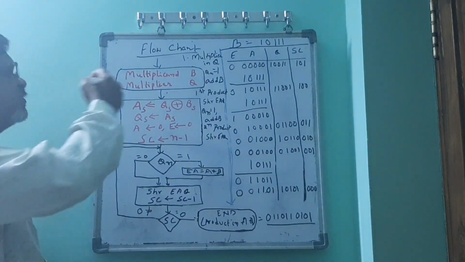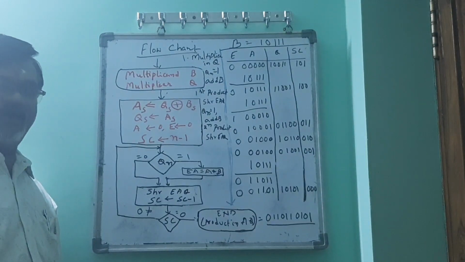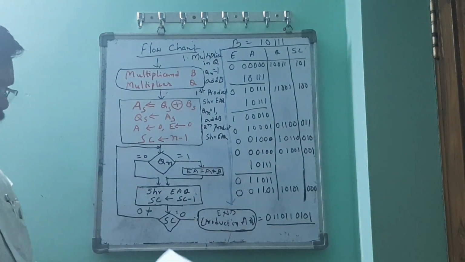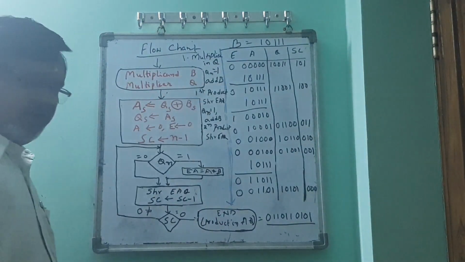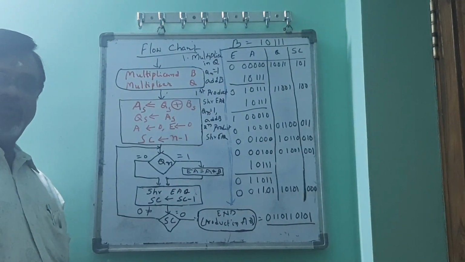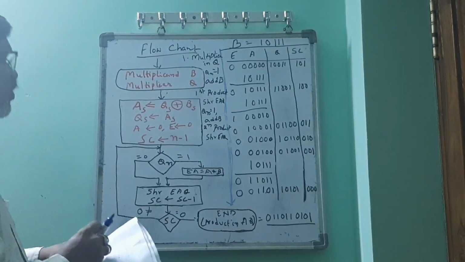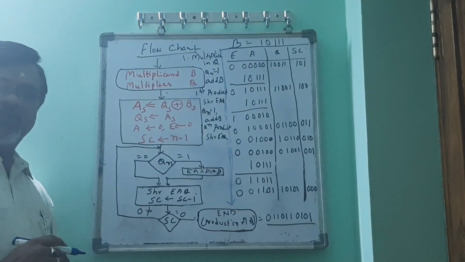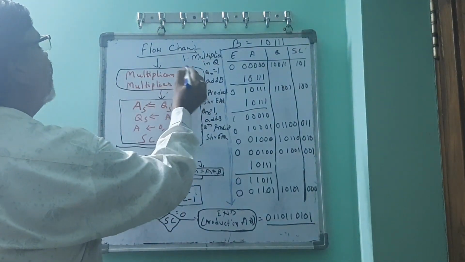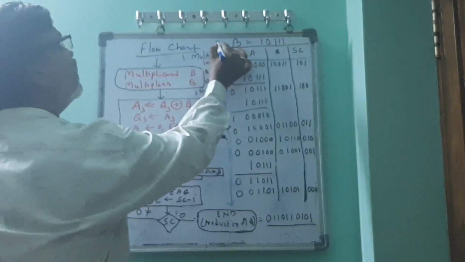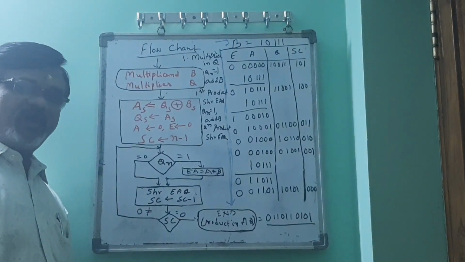Okay, dear students, see the flowchart for performing the multiplication operation with one example. We will check this flowchart with that example in a sequential form, so it will be understood in an easy manner. As we discussed in the previous hardware part of the multiplication, here B is there: 1 0 1 1 1.